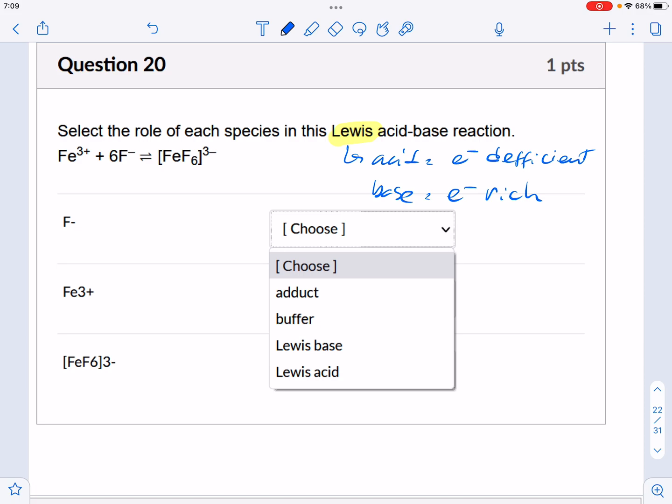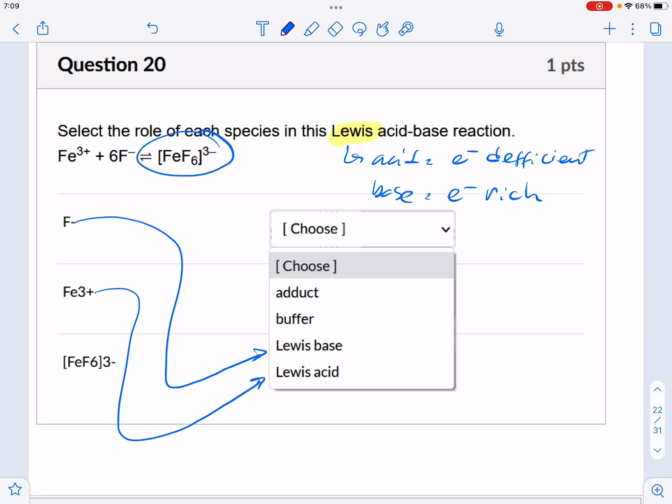So when in doubt, if you have a positive particle, most likely that's going to be a Lewis acid. If you have a negative particle, then that's going to be a base. Therefore, your fluoride is the Lewis base, your iron is your Lewis acid, and then you only have one compound in the product side. Well, that is your adduct.